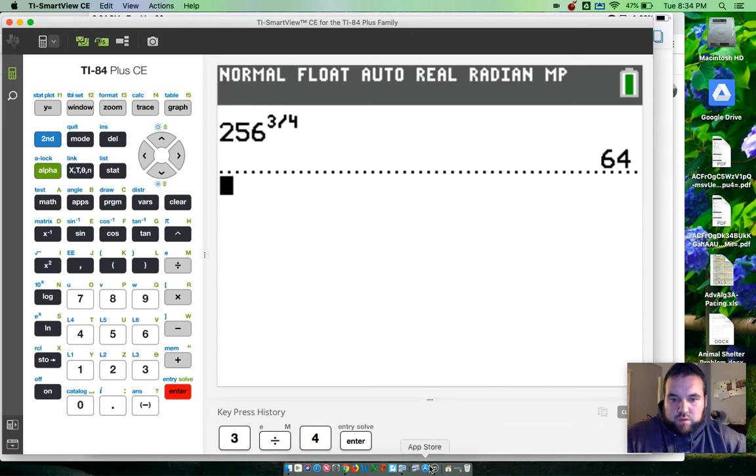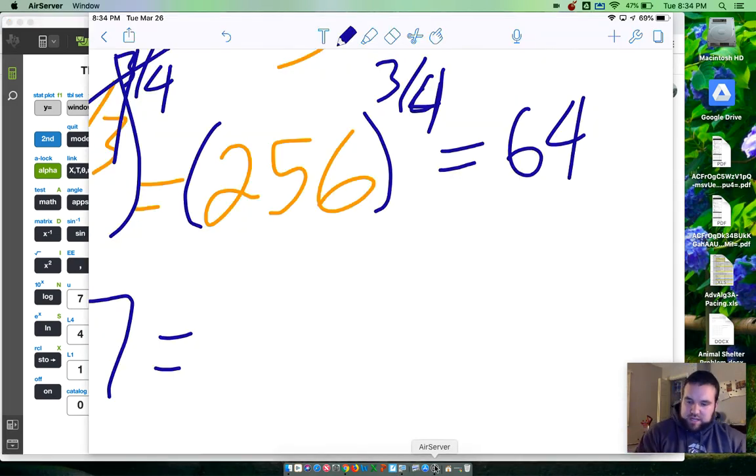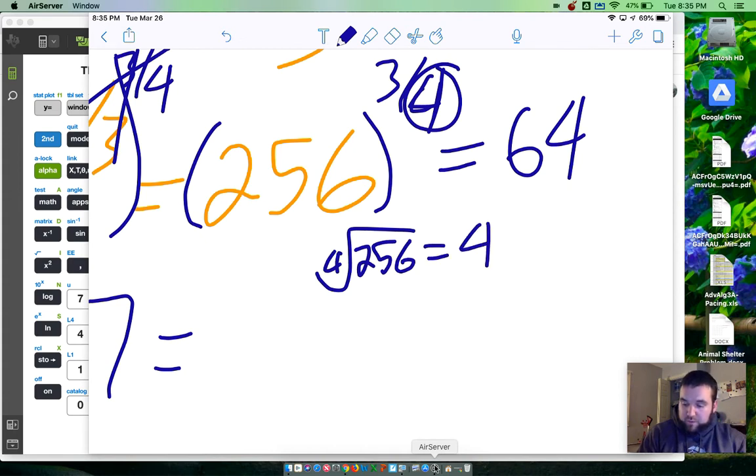But technically what we're doing here is taking the fourth root of 256, because the denominator is 4, which is equal to 4, and then we raise it to the third power, and that's how we got 64. Again, the 3 coming from the numerator.